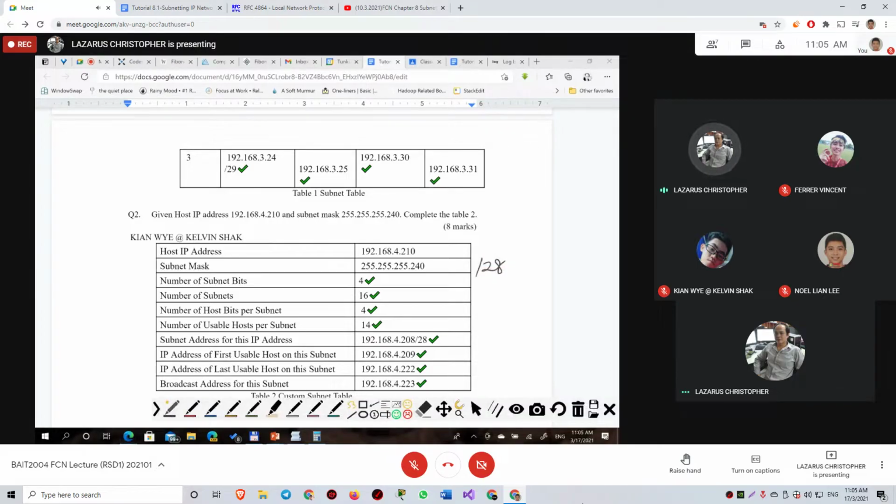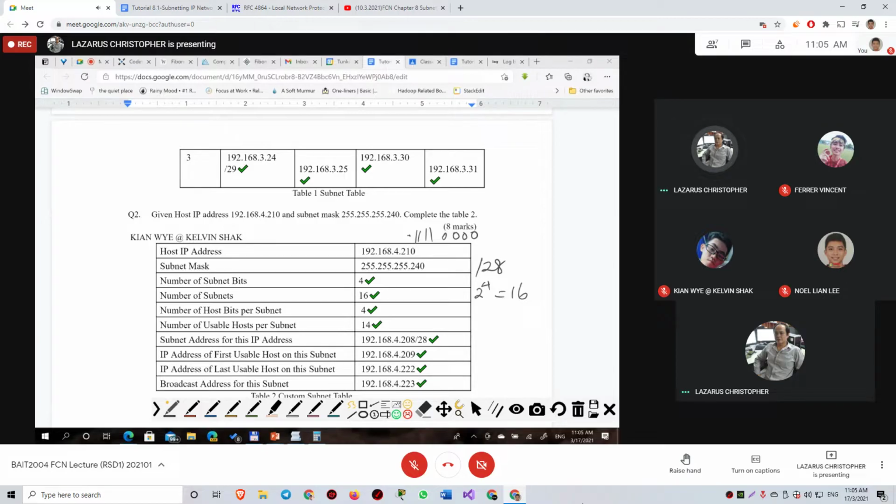So that is .11110000, borrowing 4 bits. Number of subnet bits, very easy now. Count how many ones: 1, 2, 3, 4. So 4 subnet bits. Number of subnets, 2 power 4, 16.